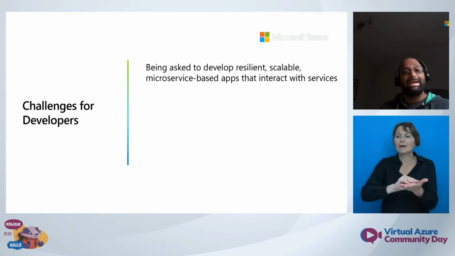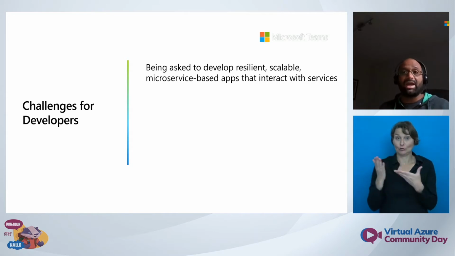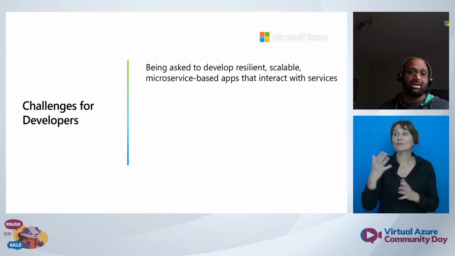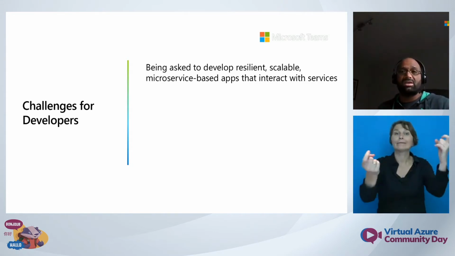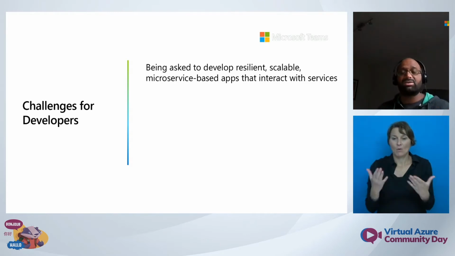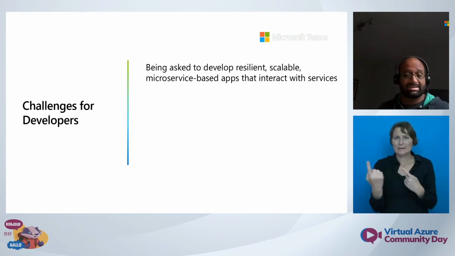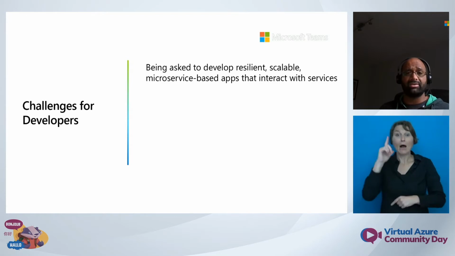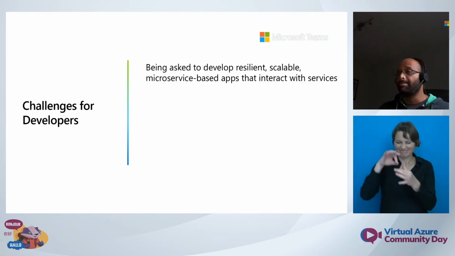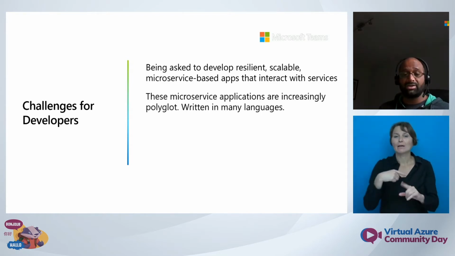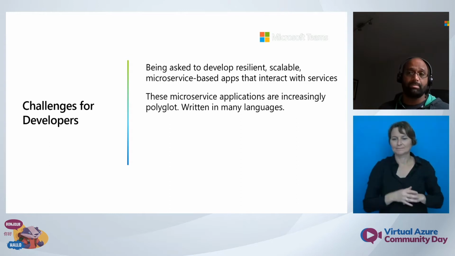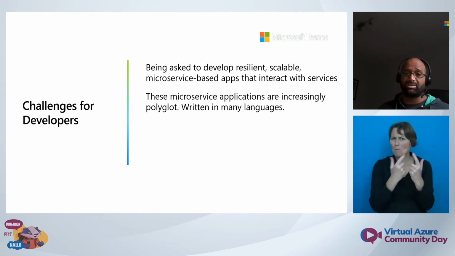In many cases, we have to build systems which react to events happening outside or trigger something living outside of our system, also known as event-driven architectures. These microservices applications are increasingly polyglot, meaning that different portions of these microservices are built using different kinds of technologies.